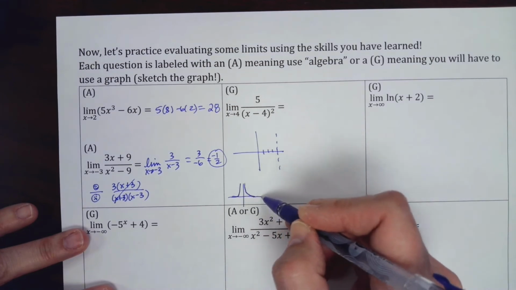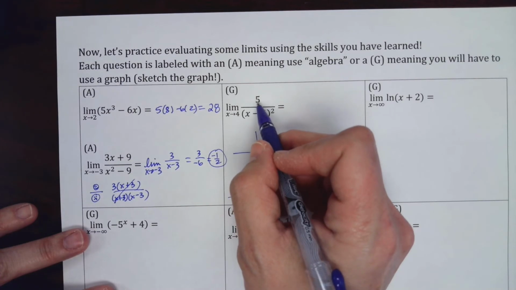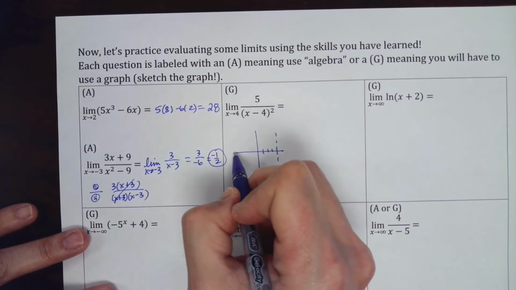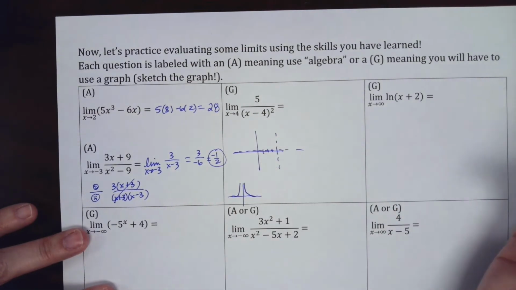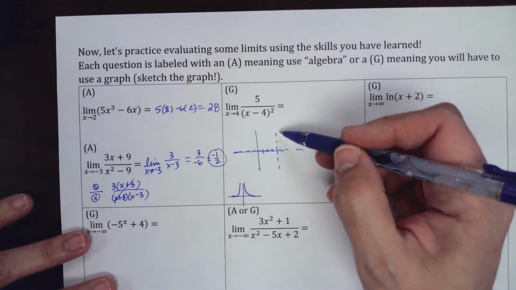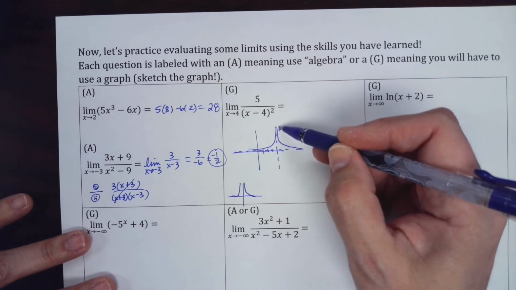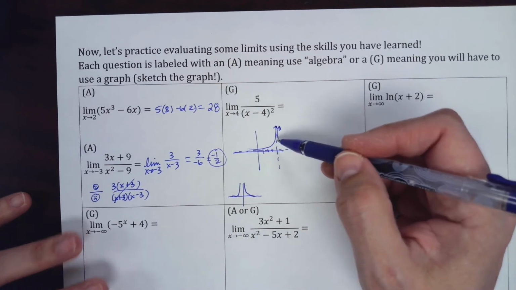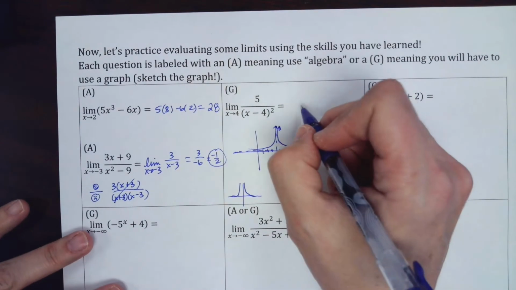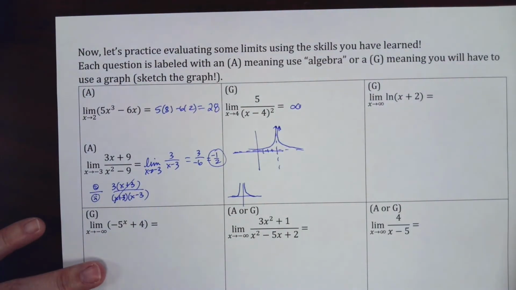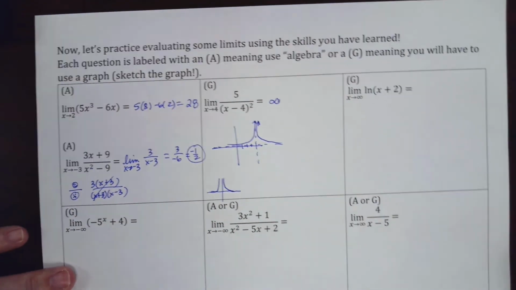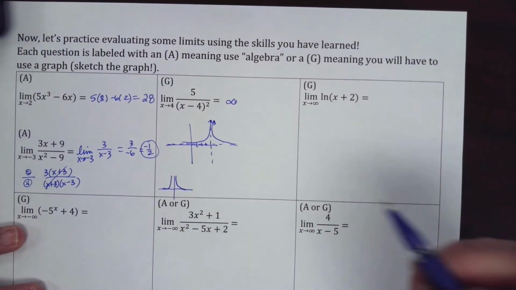It comes across a horizontal asymptote. My horizontal asymptote, 5 is on top, x squared is on the bottom, so I have a horizontal asymptote of 0. So you should be able to mentally picture this graph. It kind of goes like this, up, up, up, up, up. So as I approach 4, both sides go to infinity. I mean, you can put it on your calculator, Desmos, but by now you should kind of get those things.